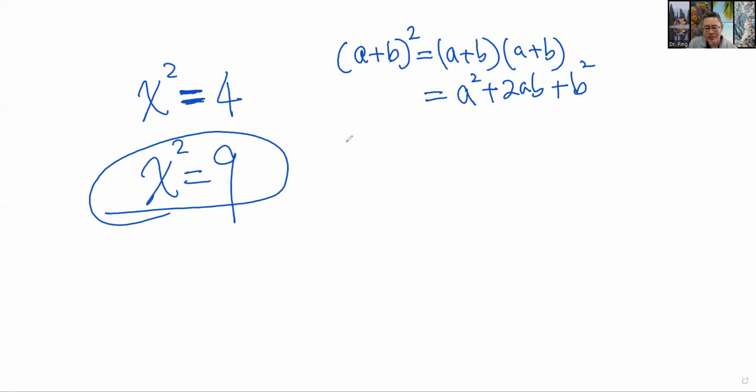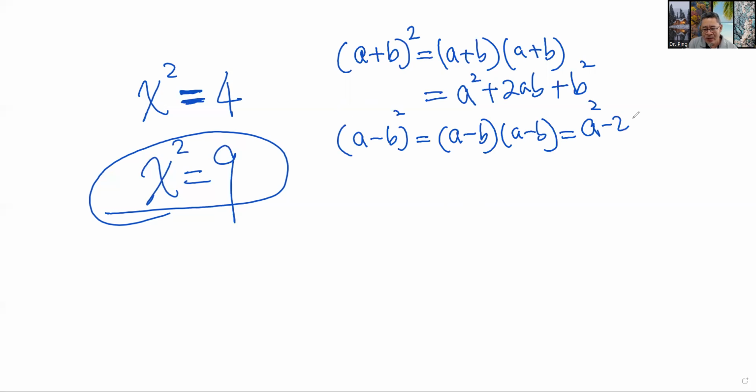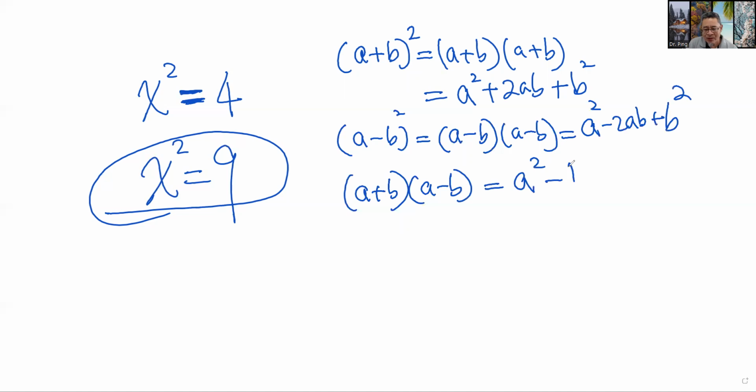Good? Okay. And another one is (a minus b) squared, which is basically (a minus b) times (a minus b). And that gives us a squared minus 2ab plus b squared. Good? Okay. And the last one is (a plus b) times (a minus b). That's a squared minus b squared. Good?